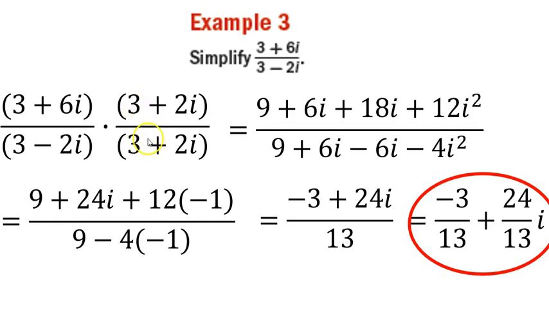The purpose of that is to eliminate the imaginary or complex number from the denominator. So now we have a denominator that is a real number, and more importantly, we can get it in this complex number form of a plus bi. That's the process of taking this division problem and simplifying it into a more standard complex number form.